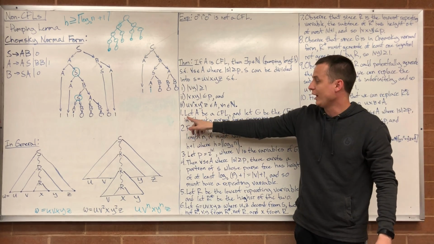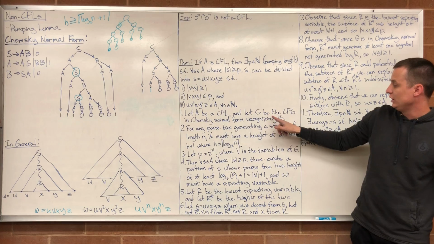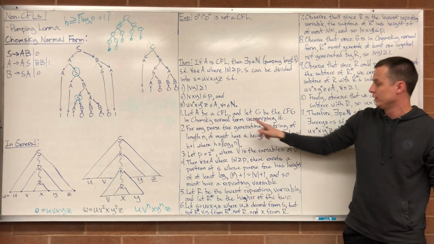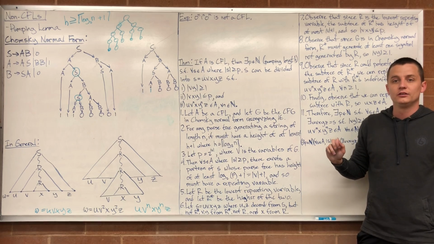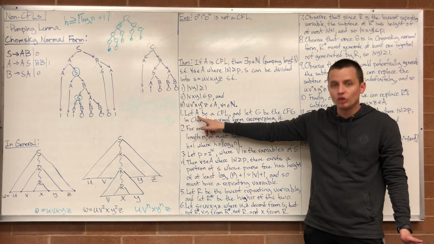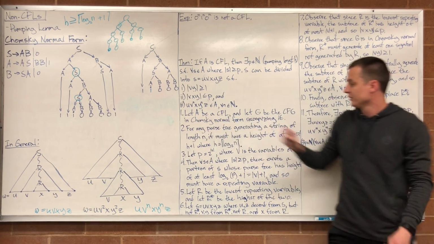Not sure. Okay, so let A be a context-free language, and let G be the context-free grammar in Chomsky normal form recognizing it. So we know that any context-free language A has a grammar in Chomsky normal form that recognizes it. We already proved that.